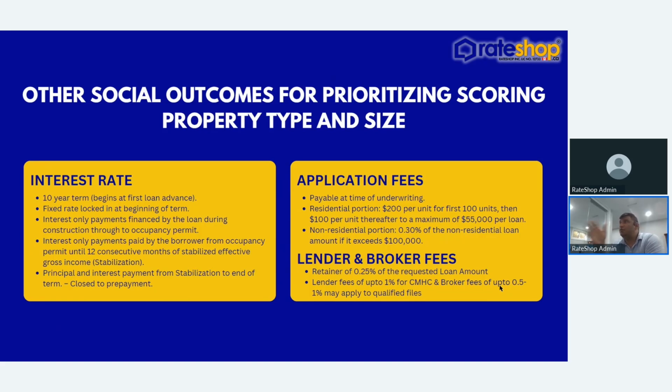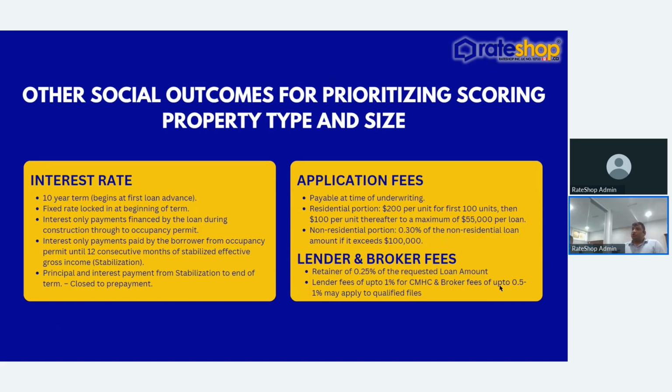So if you've got 100 units times $100, that's what you're looking at as a unit fee, depending on the location. For non-residential loans over $1 million, you end up paying close to about 30 basis points. If the application fees you're paying are over $100,000, it automatically jumps to the sliding scale.